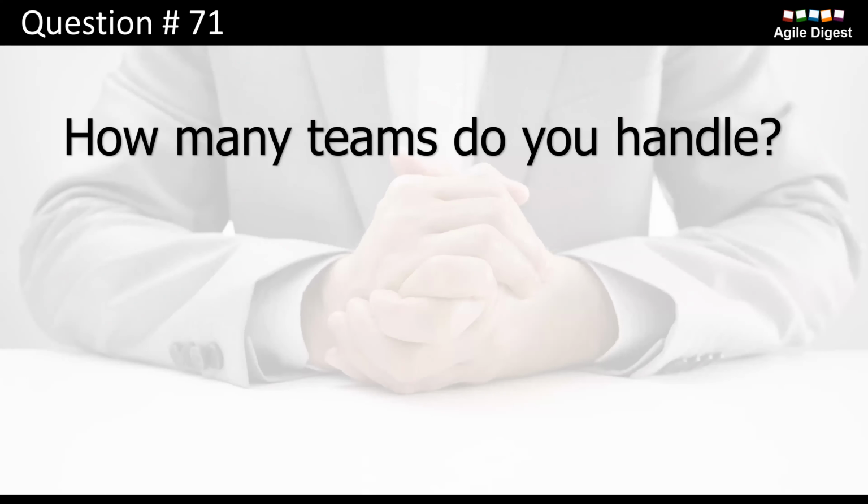I handle two teams, with 8 members in each. Yesterday we also discussed this question, where we are starting the sprint and whether they have a dependency. There could be two answers. One, if the teams don't have dependencies, one team starts the sprint on Monday and the other team starts on Tuesday.